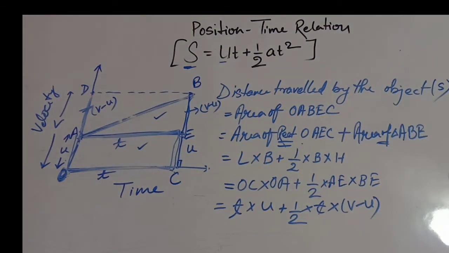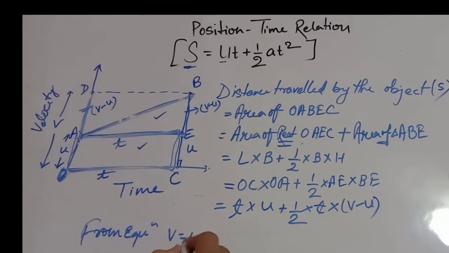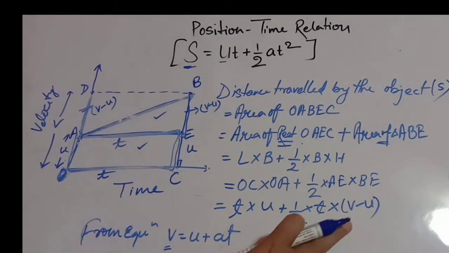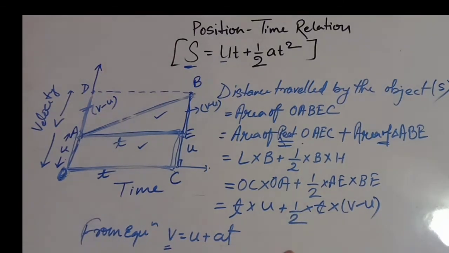Now from the first equation of motion, what was the first equation? v = u + at. This was our first equation. So put the value of v in this case. Then see what we get.